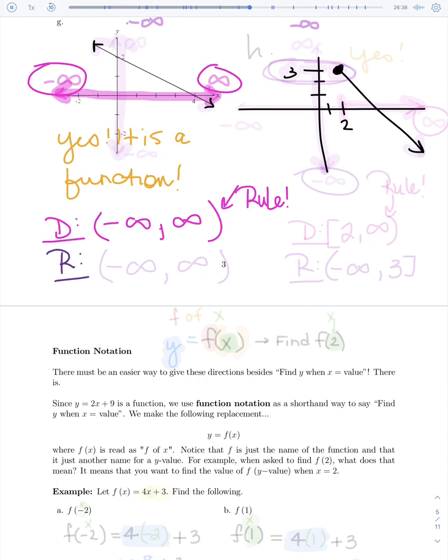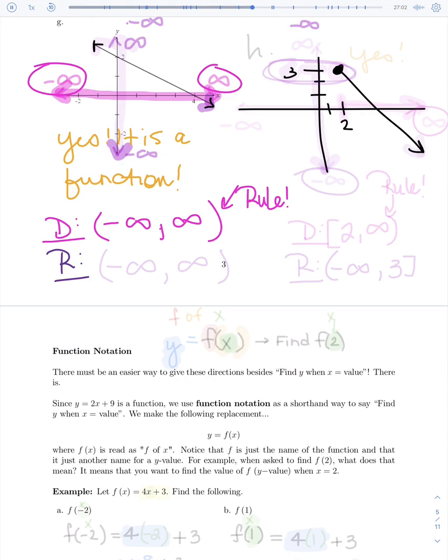Now let's talk about the range. The range is kind of the same idea. We'll start out down at the bottom at negative infinity and work our way up towards positive infinity. Notice on this graph, if we start at the bottom, this graph will go down forever on this side.